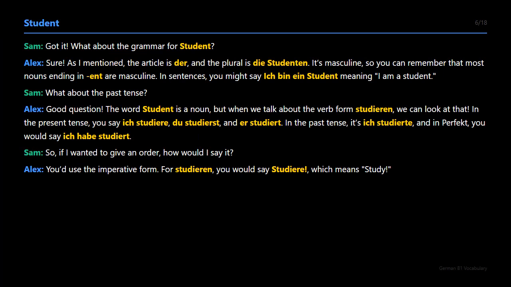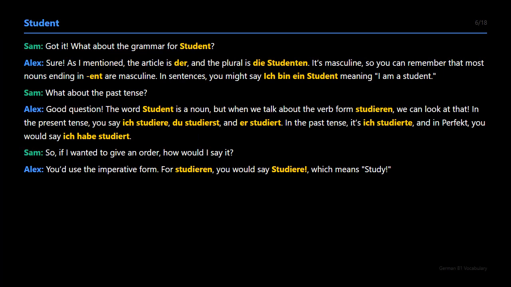In the present tense, you say, Ich studiere, Du studierst, and Studiert. In the past tense, it's Ich studierte, and in perfect, you would say, Ich habe studiert.